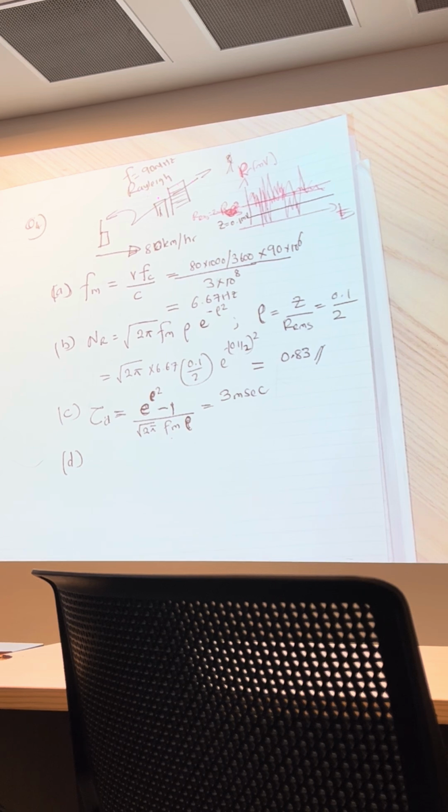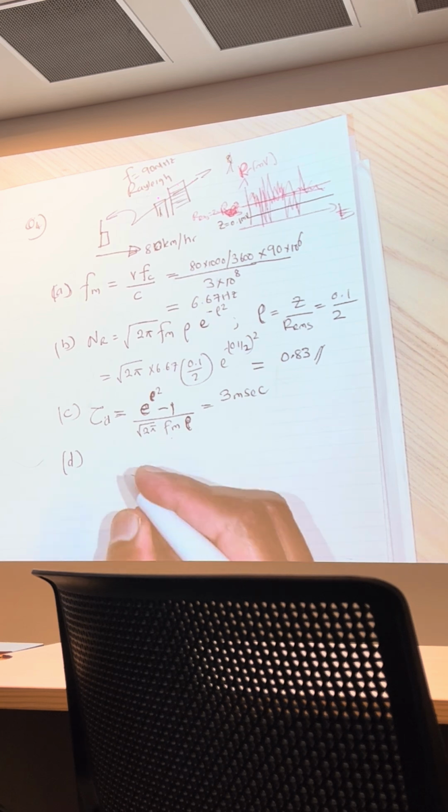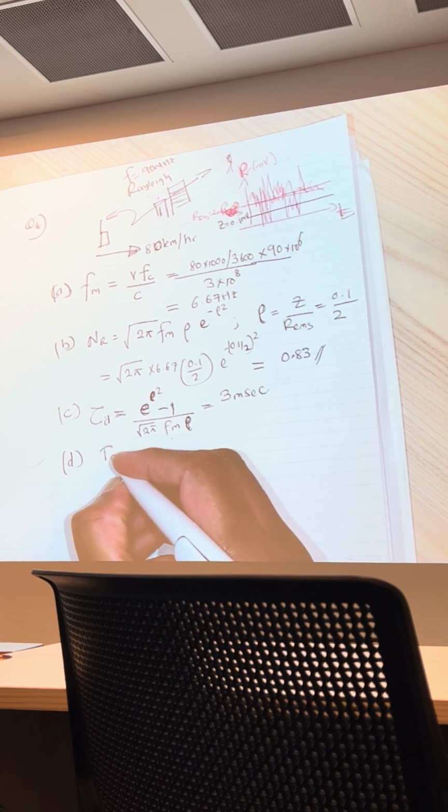Likewise, when we have a mobile or high mobility environment, the Doppler effect leads to a key parameter called coherence time. That's the amount of time where the channel remains highly correlated, or in other words, the same. So that's the time that we are going to calculate, the coherence time TC.